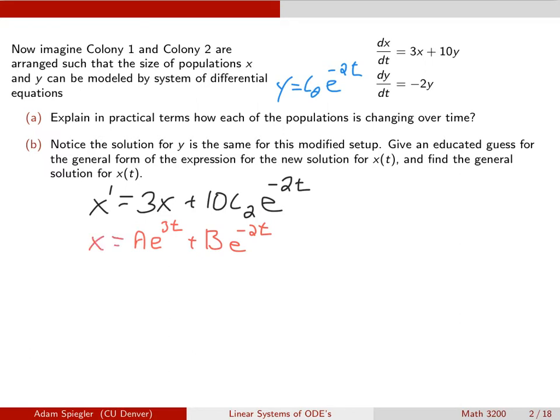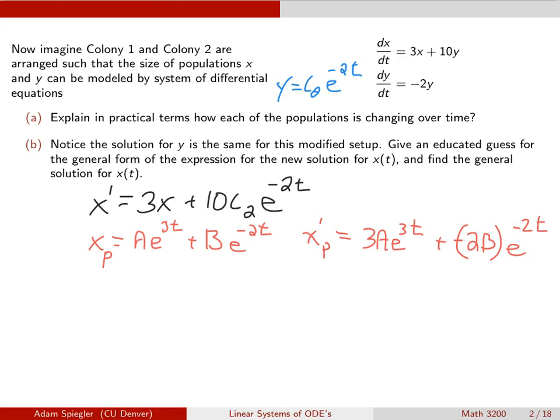So here would be my guess for a particular solution for x. And now we can check this solution by plugging it back into the differential equation. So we would have x prime of this solution, which would be 3a e to the 3t. And then I would take the derivative of the second term there, and I would get minus 2b times e to the minus 2t.